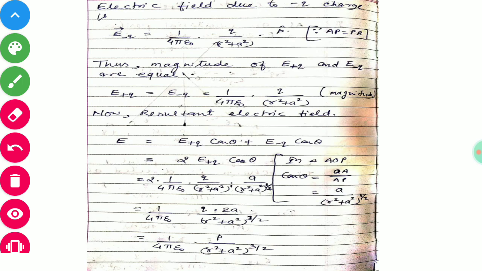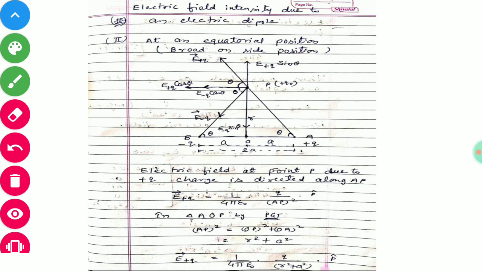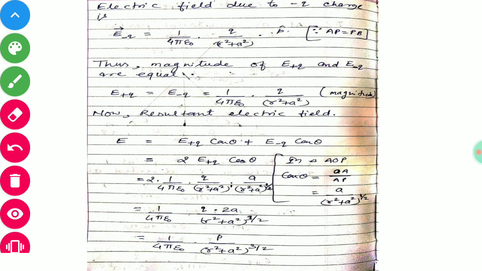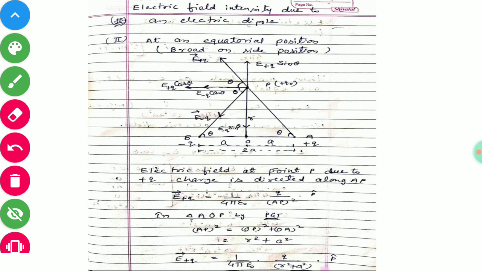Now the electric field due to the negative charge. See in the diagram, the distance from the negative charge to point P is PB, and this side and this side are both equal.